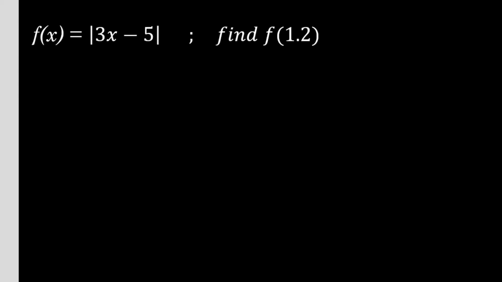Next, let us find the value of the absolute value of 3x minus 5 at x is equal to 1.2.